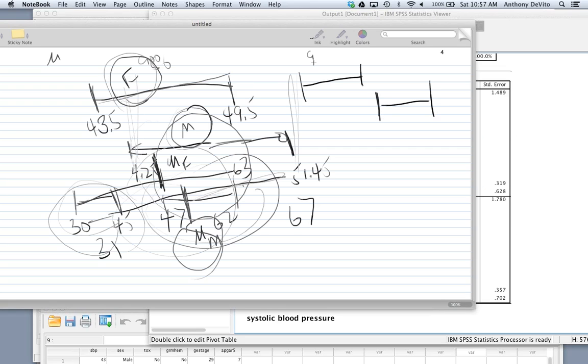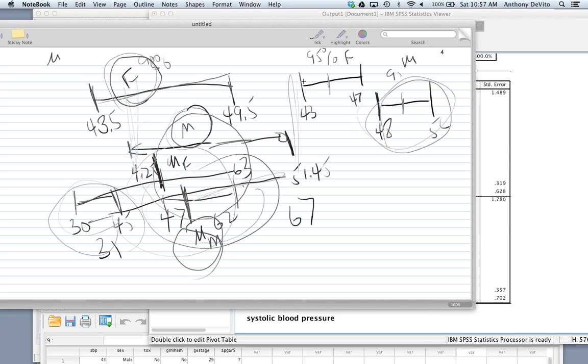In other words, I need to be 95% sure that the mean for females is, let's say, 43 to 47, and the mean for males is 48 to 52, right? The mean's going to be there.